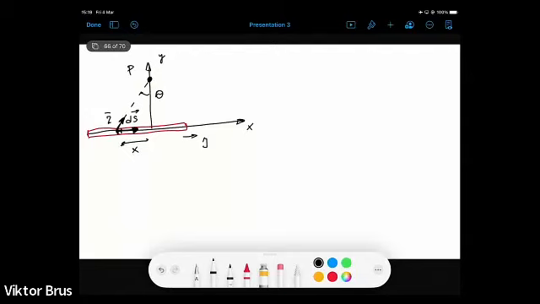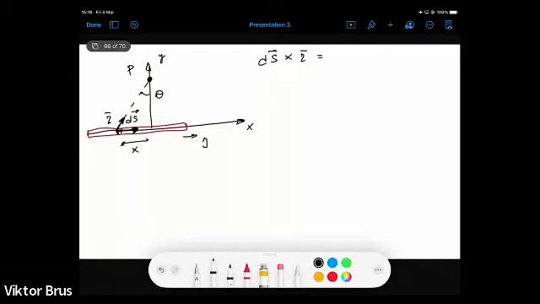So now let us figure out what will be the cross product of the ds vector and the unit vector r.